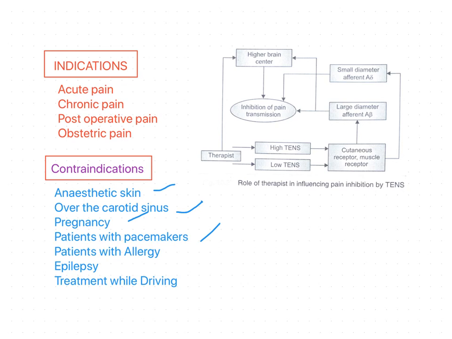And the next one is patients with pacemakers. Patients with pacemakers are usually contraindicated for TENS. Many studies have been done on such patients, and they indicated that TENS can interfere with cardiac pacemakers of the synchronous type, but that it is safe to use TENS with asynchronous fixed rate type pacemakers.